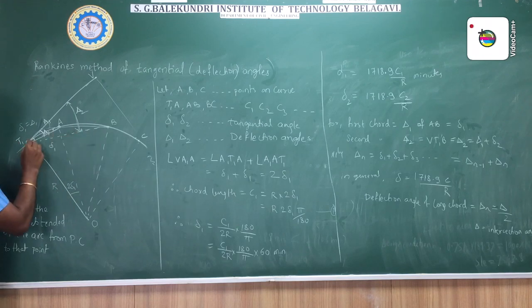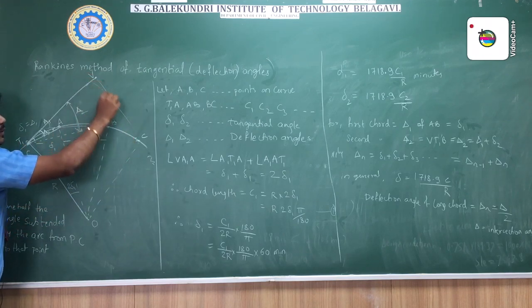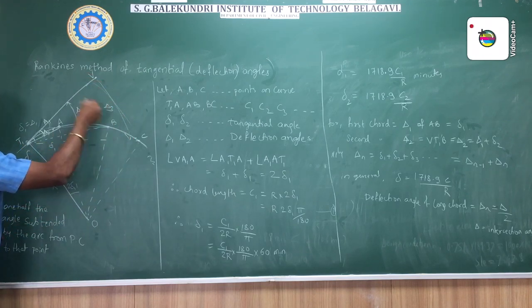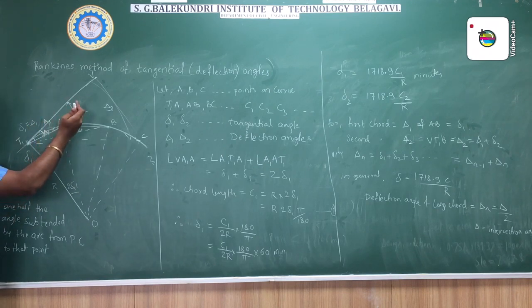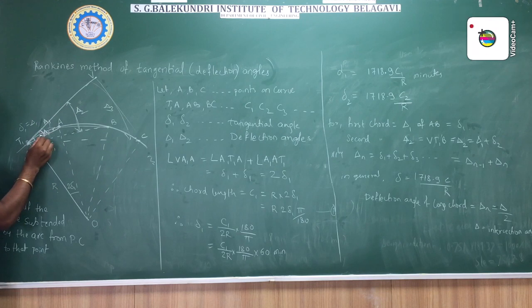Like that, the next point C is considered as delta 3, the deflection angle. Like that, deflection angles continue. This delta 2 is measured with the help of tangential angles framing in between.